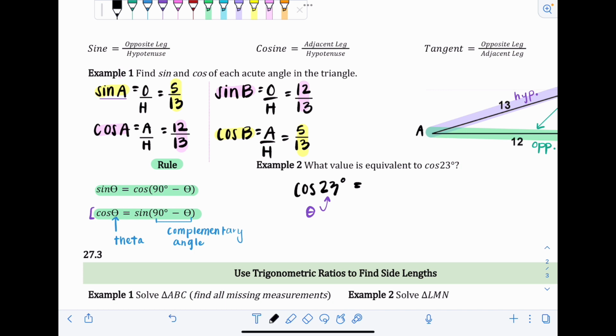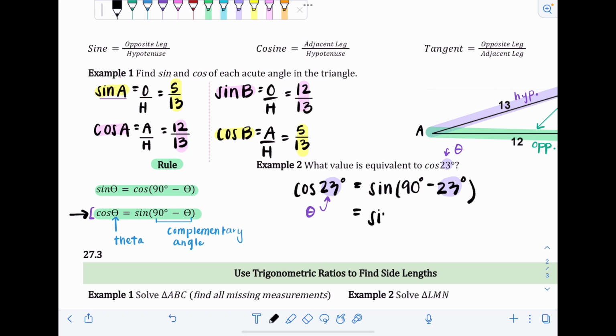So to find what's equivalent to it, since we're given cosine, we're going to use this one right here. Cosine of theta is equal to sine of 90 degrees minus theta, but this time theta is 23 degrees. So 90 degrees minus 23 degrees. Because we're given a 23 degree angle, that's what theta is. And now to find our final answer, we just have to simplify.